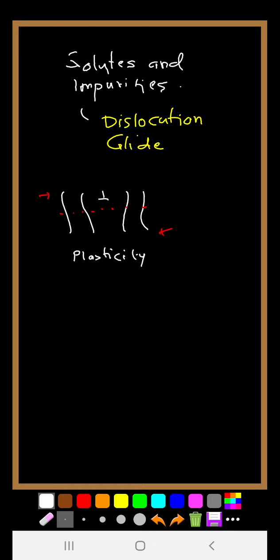So what is the effect of the solutes and the impurities if introduced into the material? What effect will it have on the dislocation glide? That is the topic of this discussion.